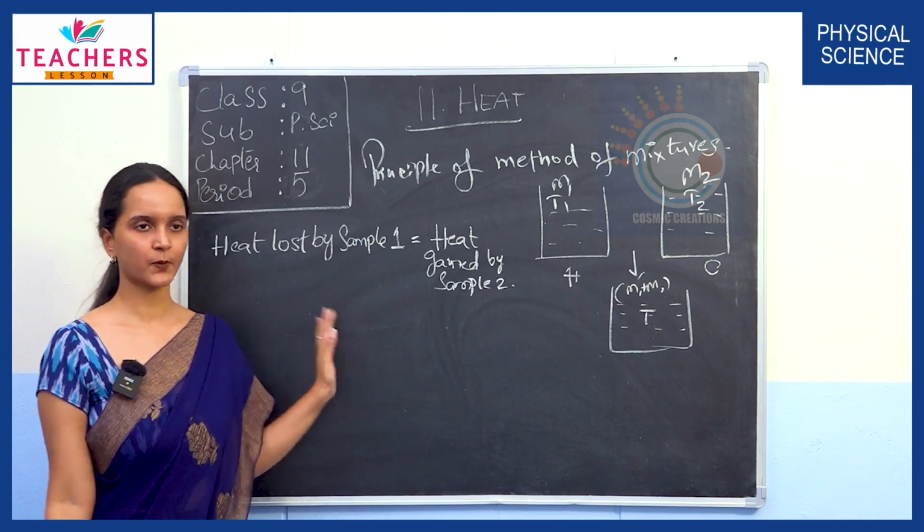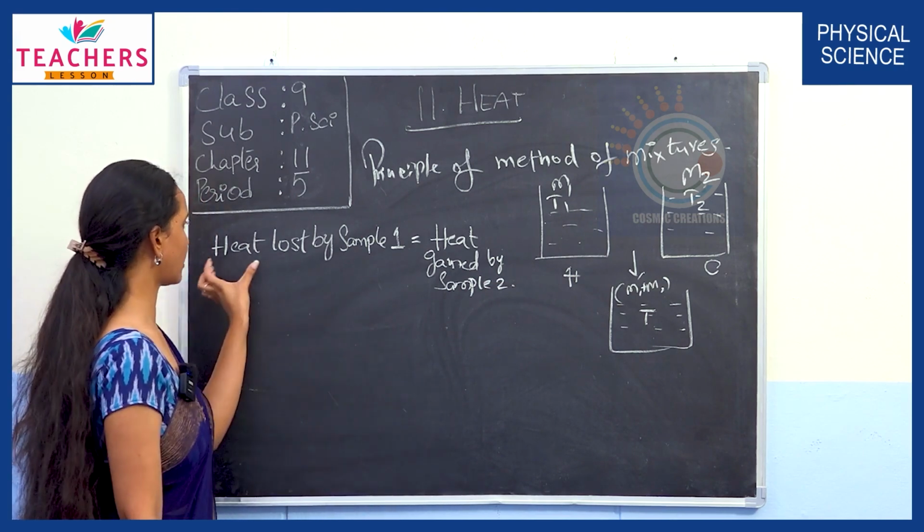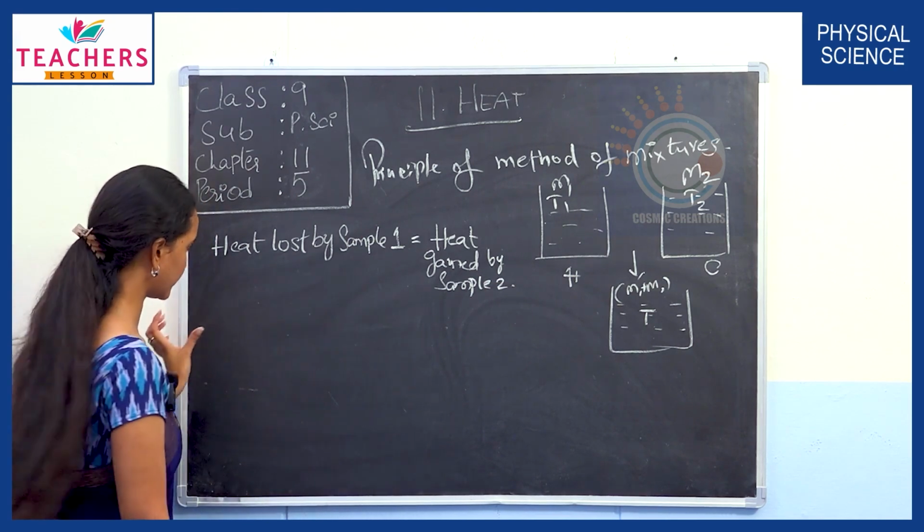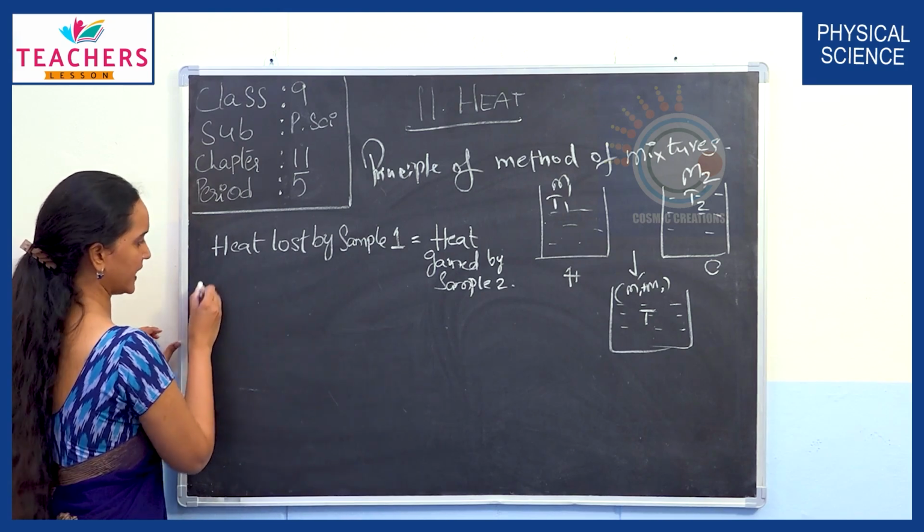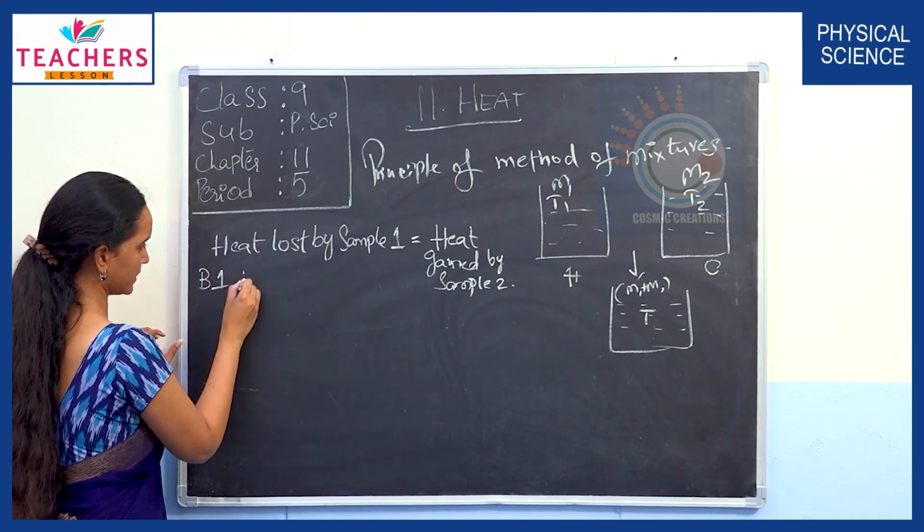Any doubts up until this point? Okay. Now let's solve for this one. Heat lost by sample 1. I'm going to be writing this as B1, that is beaker 1.